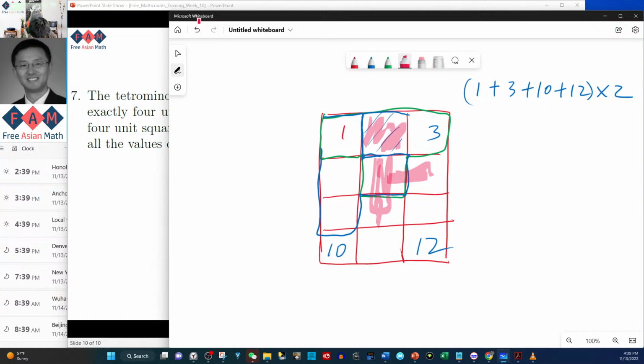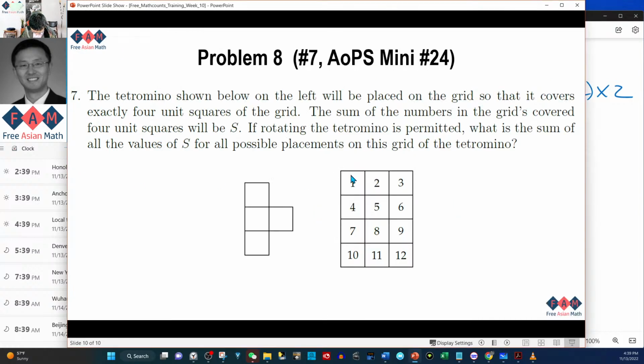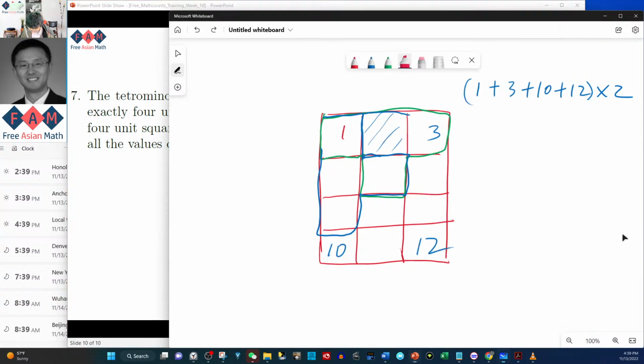So we know this one, this is essentially 2, will be covered by 4 ways. And what is this number? It's 2. But 2 is the same as 11. So 2 and 11 will be covered 4 times. And so on. Okay?